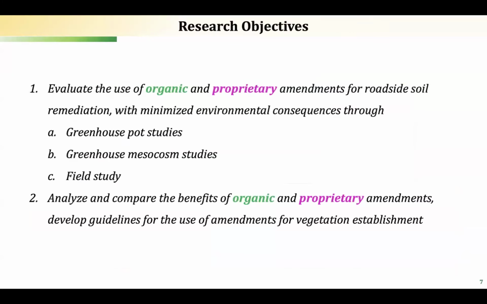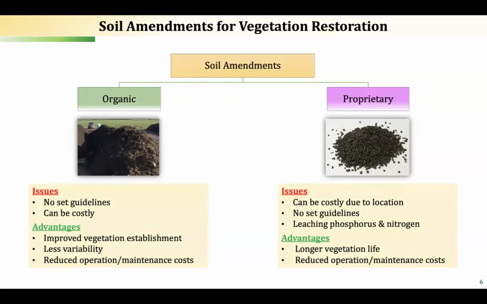And overall, the issue with these is there are no set guidelines. Even though there are some sort of guidelines, there are no specific guidelines. So we tried to come up with these, maybe specifying some already existing overall guidelines to use these compost, biochar, and proprietary amendments. Next slide.